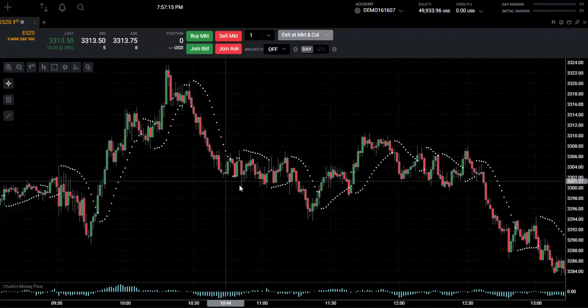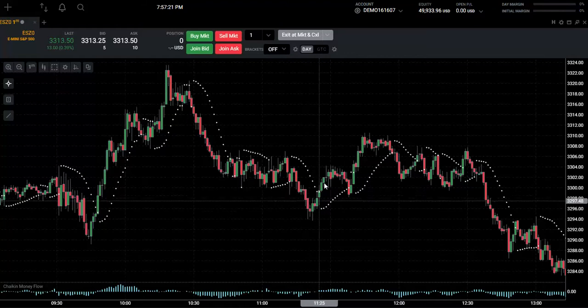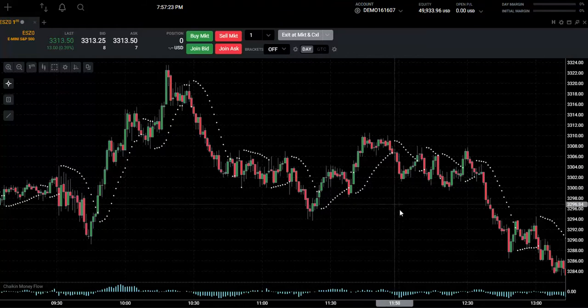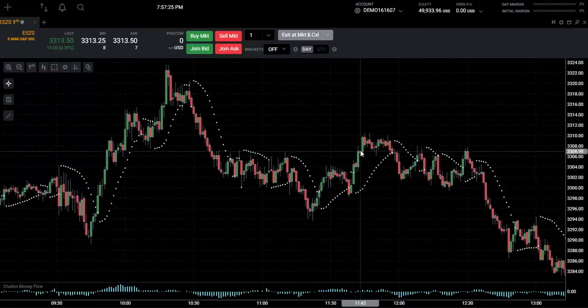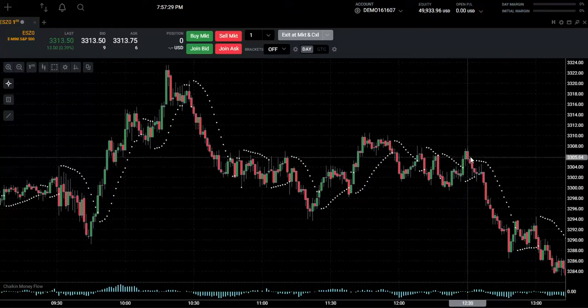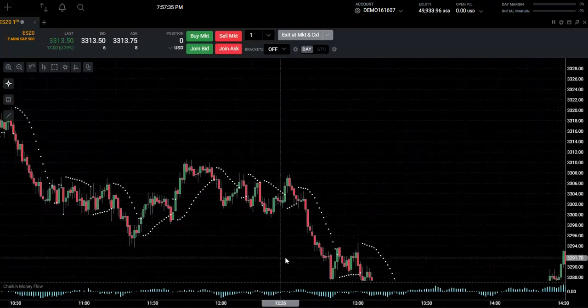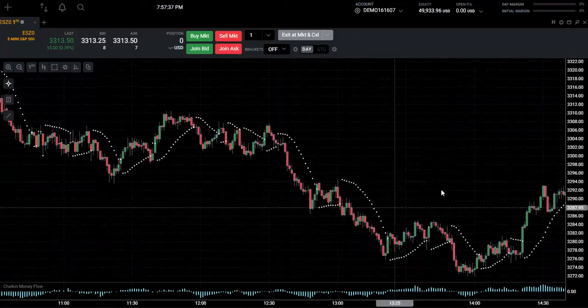A little bit of sideways movement. Small trend here, small uptrend, very small uptrend. So you can see you got a trend here, trend down here. Let's just scoot it over here. There we go.